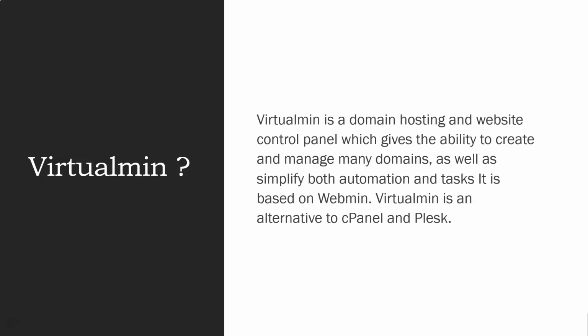So you also know that in the market we have a number of web panels available to host a website. Number one is cPanel, number two is Plesk. This is an alternative for cPanel and Plesk. We have two available versions.